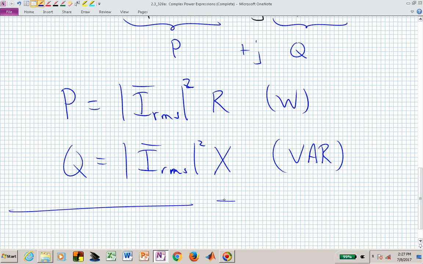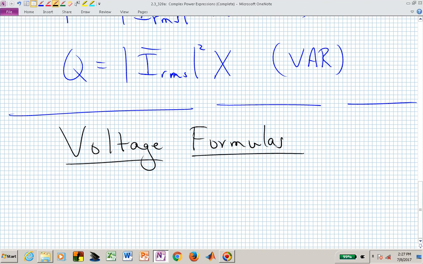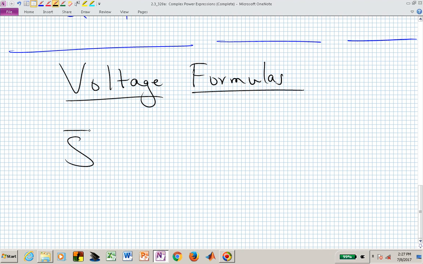And we can do the same analysis just focusing on having access to the voltage. And these I will then label as the voltage formulas. We start exactly where we started before. We have the complex power, again, is just the voltage phasor in RMS times the current phasor conjugated in RMS. And now what we want to keep track of is the fact that we only have access to the voltage.